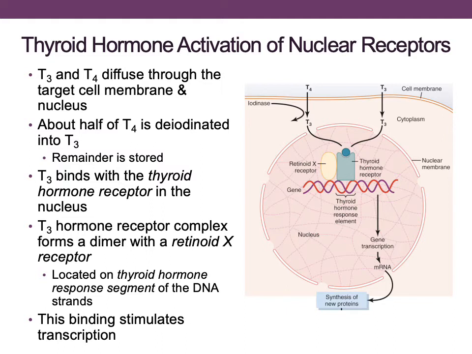The T3 hormone receptor complex will form a dimer with a retinoid X receptor that is located on a specific thyroid hormone response segment of the DNA strand within the target cell. And this binding will stimulate all processes of protein synthesis, but it specifically stimulates transcription.